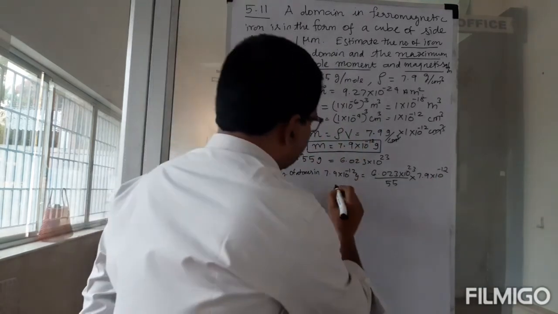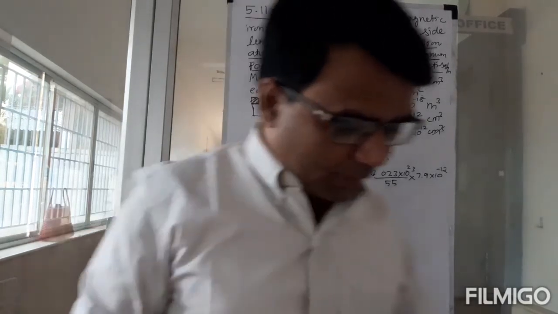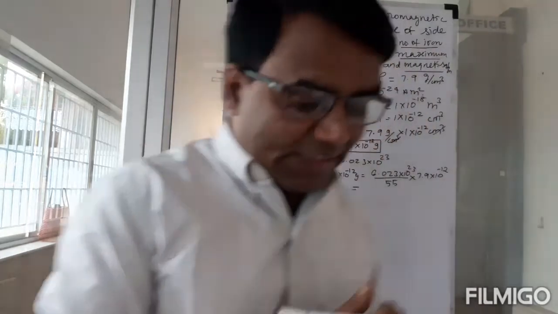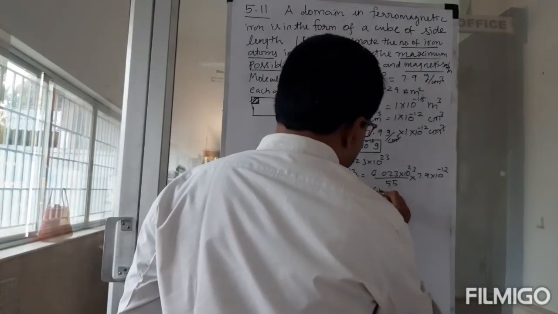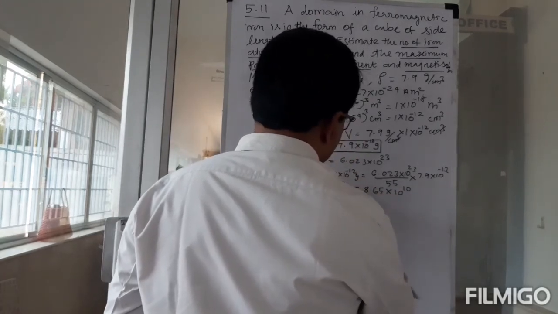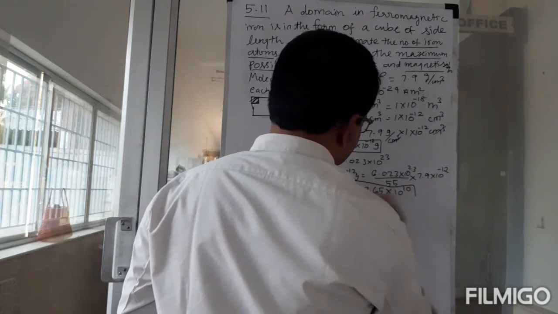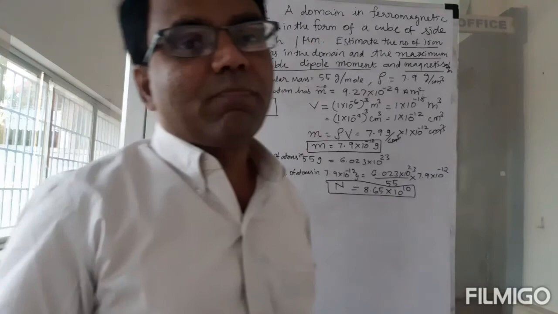So this is going to give me 8.65 into 10 power 10. So the number of atoms in the domain is this.